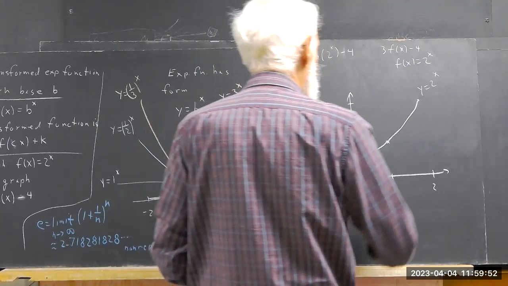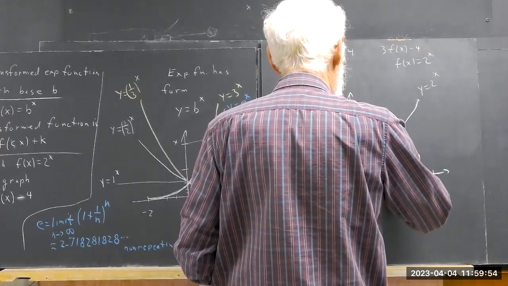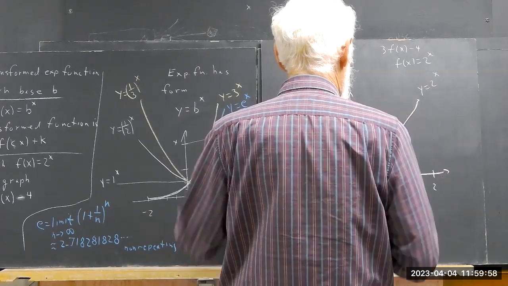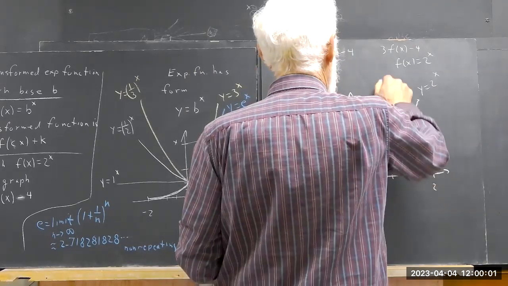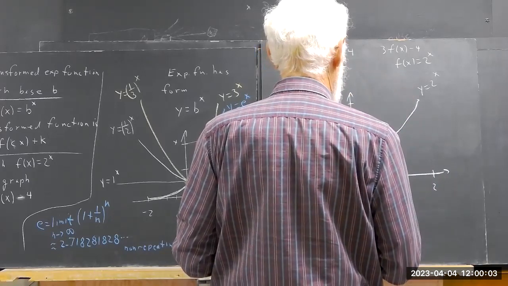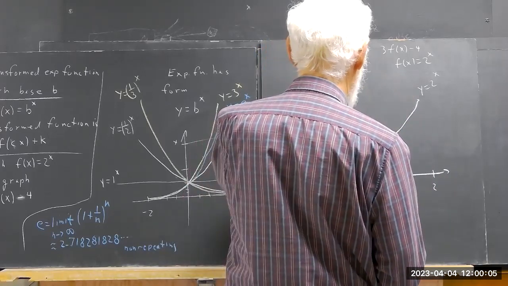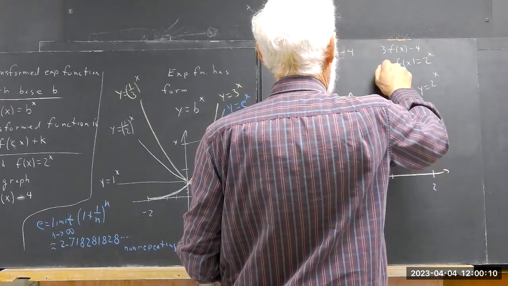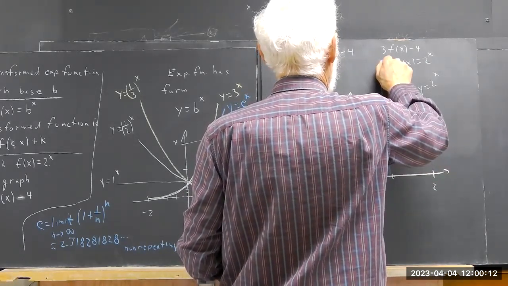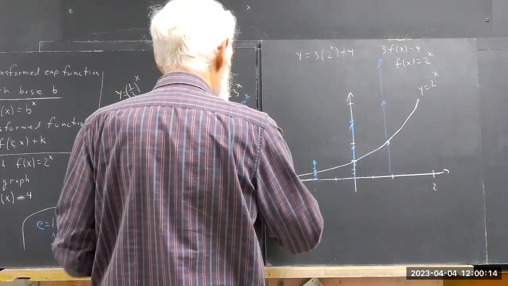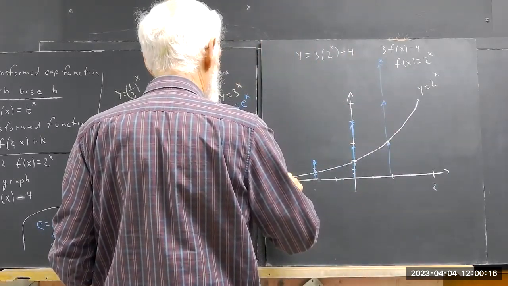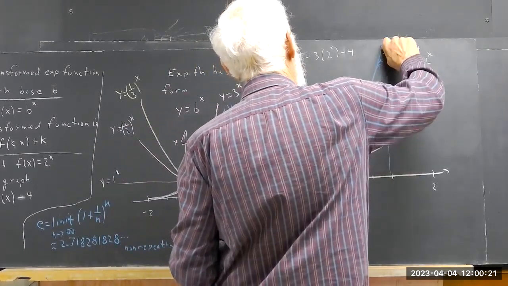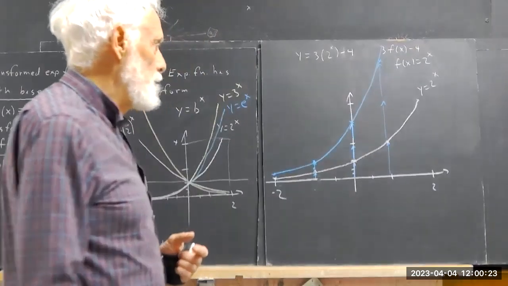If we triple this y value, yeah, here. We triple this one, well, we end up about here, and that comes right out. So we get functions like this.